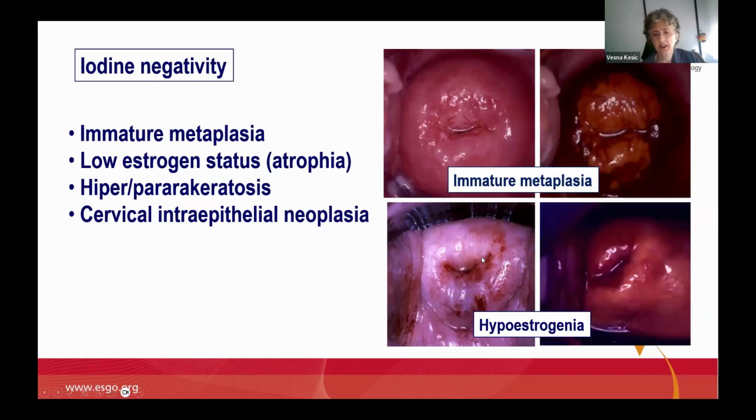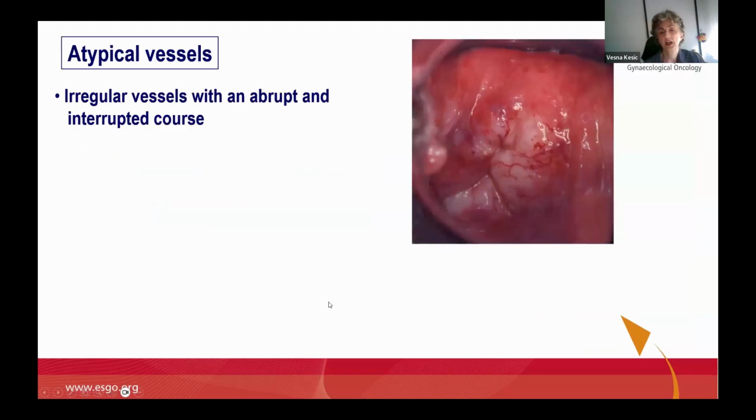In atrophic epithelium, postmenopausal epithelium, there are no estrogens. So no glycogen as a result, and the staining is very pale. But also we keep in mind that all these hyperparakeratosis, clinically seen as leukoplakia, cervical intraepithelial neoplasia, may appear as non-stained area.